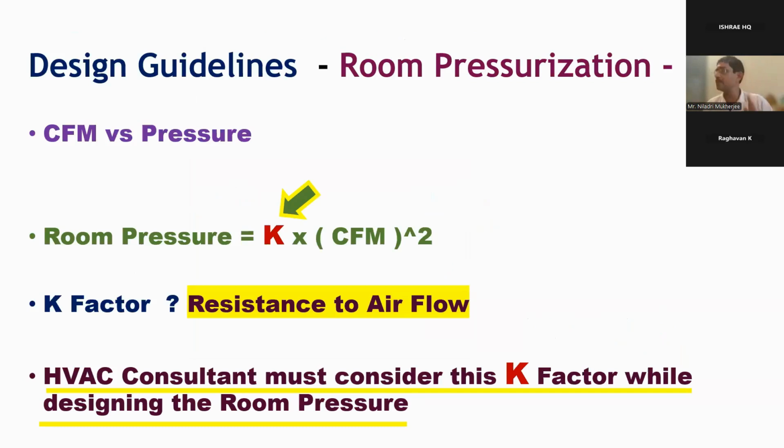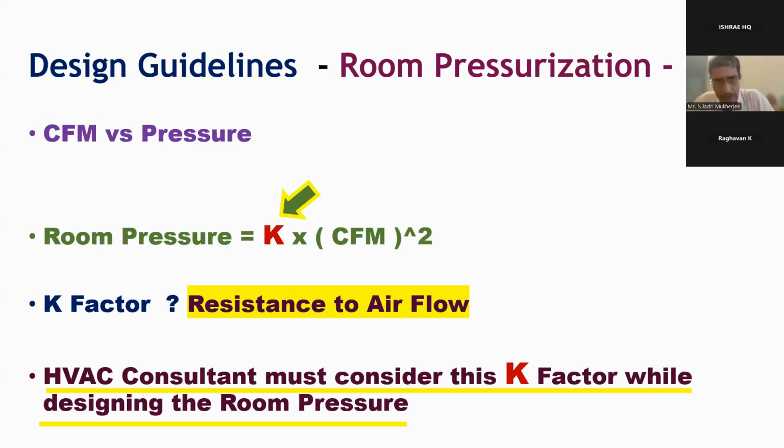Now, why is it so important when I'm designing a room pressure? The room pressure depends on the CFM. Naturally, every HVAC consultant designs what the CFM will be, which comes from the AHU through the duct to the room.